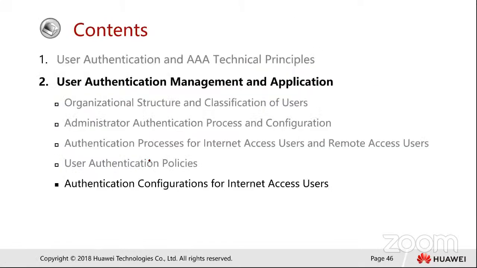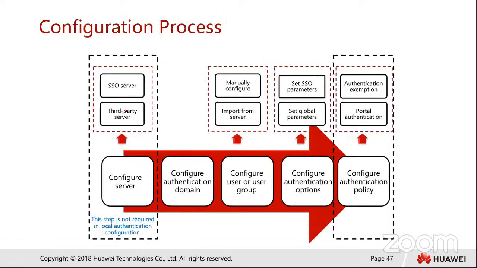and perform SMS authentication. Configuration process for the internet access user. We already went through this process, but basically you have your single sign-on server or the third-party server. You configure the server, configure the authentication domain, configure the user groups, and then also configure the authentication options. And then after doing that, you configure the authentication policy.